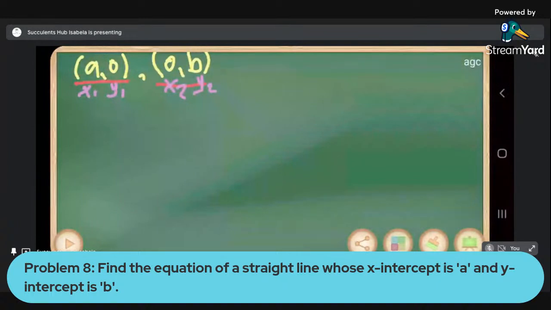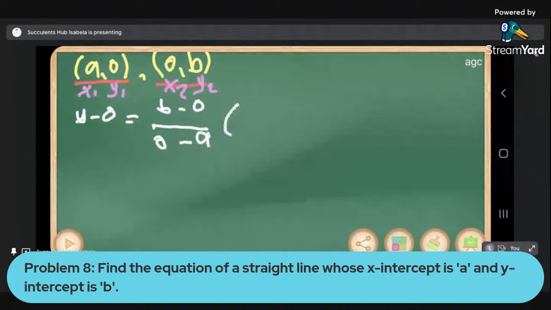So, i-substitute na natin sila doon sa ating form. The form is y minus y sub 1 is 0 is equal to y sub 2, which is b, minus y sub 1 is 0 over x sub 2, which is 0, minus x sub 1, which is a, times x minus x sub 1, which is also a.